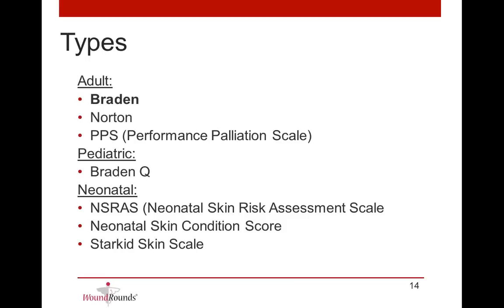With the adult population, the Braden and the Norton have been the most extensively studied and have been found valid for the prediction of pressure ulcer risk in a variety of settings. Further studies have demonstrated that the Braden has been tested in the largest number of subjects in the greatest variety of settings and has demonstrated the reliability and validity that we're looking for, which is why we're focusing specifically on the Braden scale today.